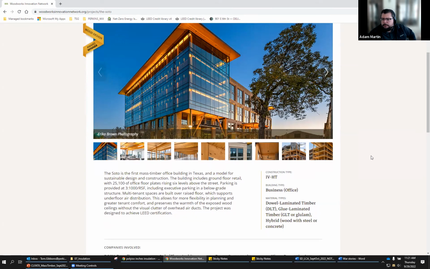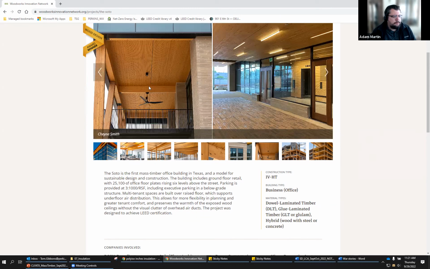They didn't know about mass timber, so we initially brought that idea to the table and studied with them, and then provided them information about the speed of construction, the reduction of CO2 emissions, all the potential benefits of this, and they were interested and they were willing to invest in it.